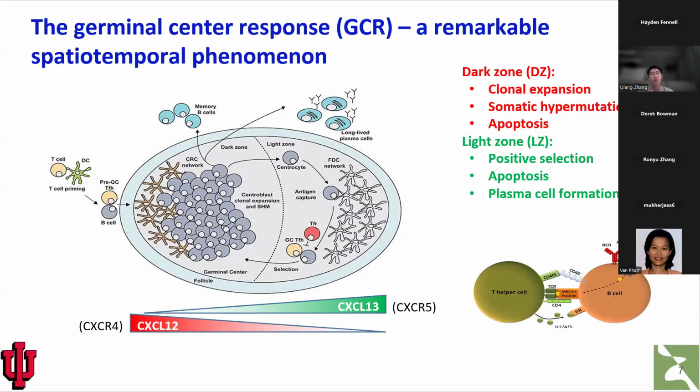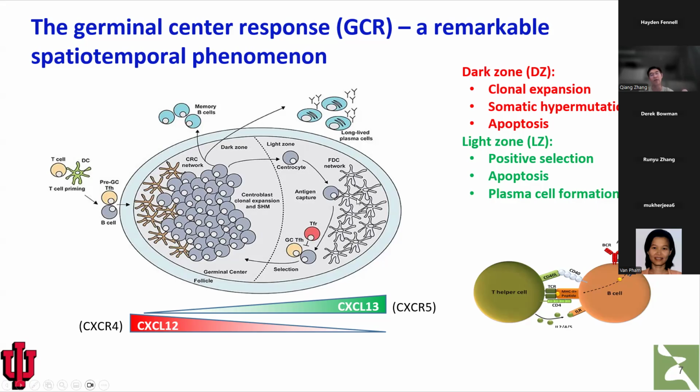All right. And the force that drives the migration of the B cells between the dark zone and the light zone is driven by chemokines, what they call CXCL12 and CXCL13 over here. So essentially the CRC cells in the dark zone are secreting CXCL12, establishing a gradient with high concentration in the dark zone and low concentration in the light zone.